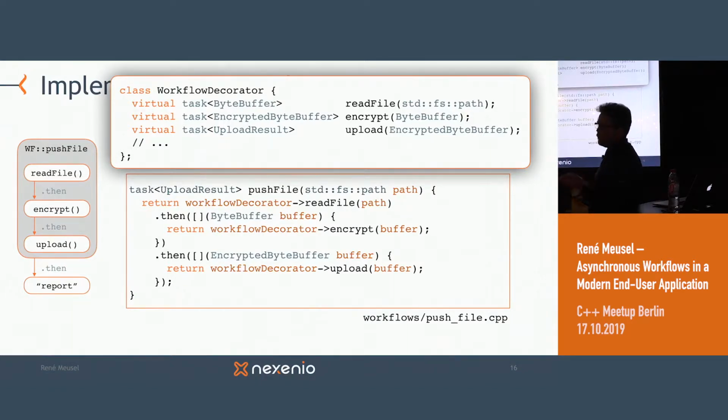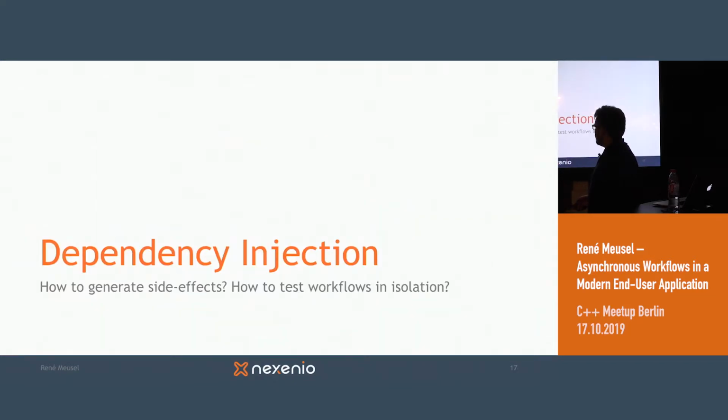Instead of actually calling read file to read a file from disk, the mocking framework could just throw back some test data at us. And on top of this allowing us to mock things, the workflow decorator also allows us to do dependency injection. That is the other big advantage of this whole workflow thing.